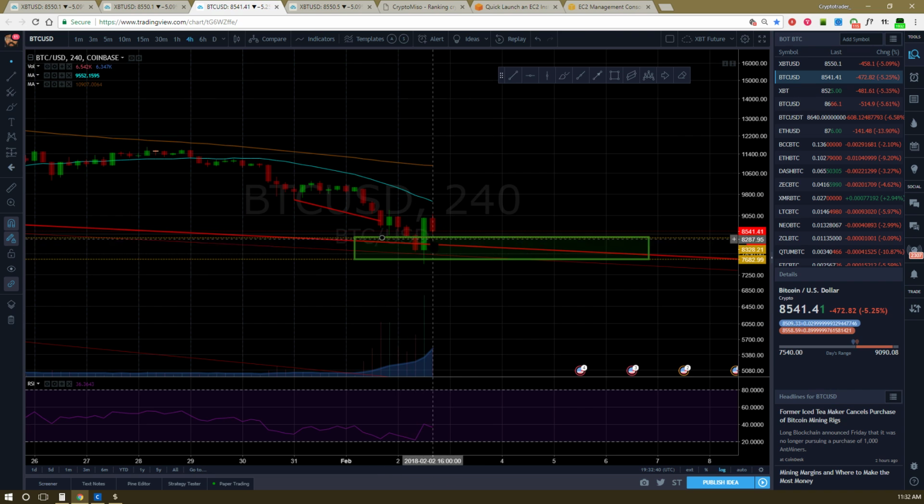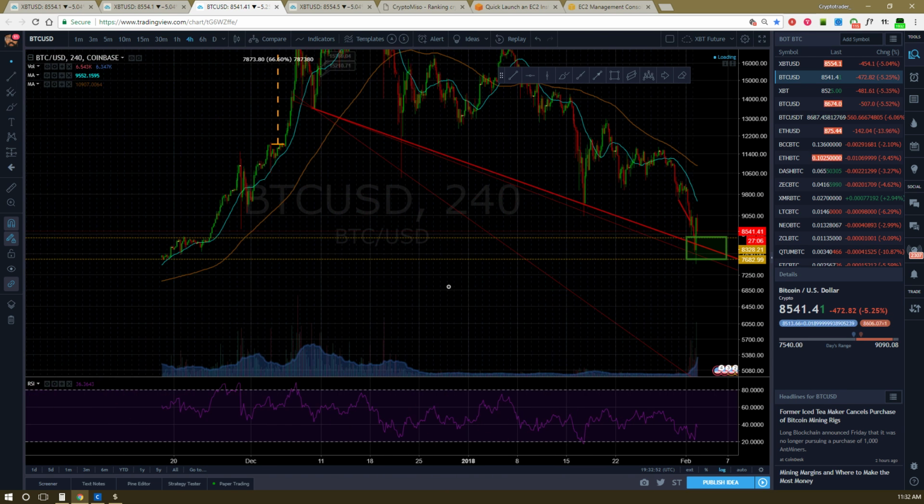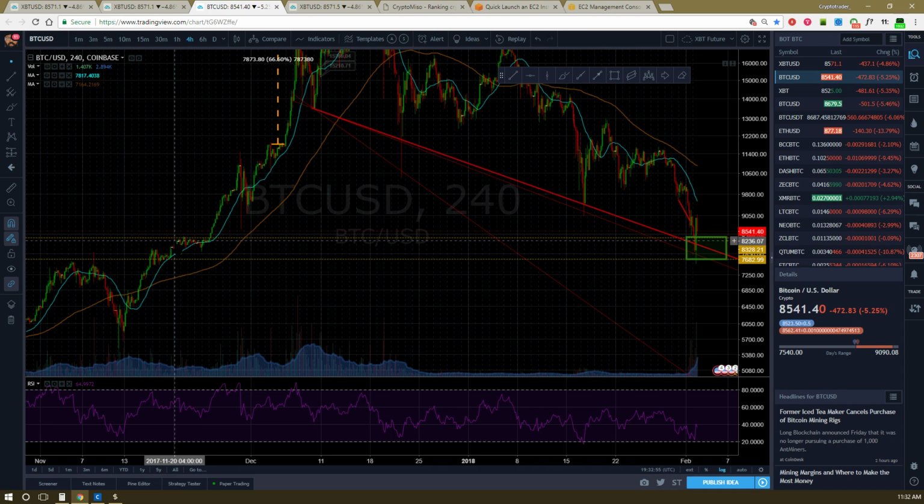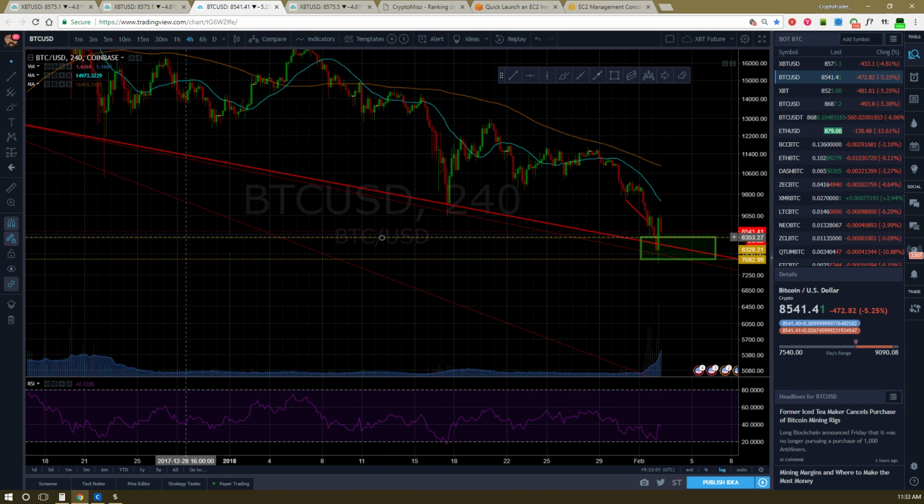Everybody was looking at this area yesterday, and everybody bought that area right there yesterday. Who's selling though? Who wants to buy Bitcoin right now? This is the area everybody talked about going to. It looks pretty clear.